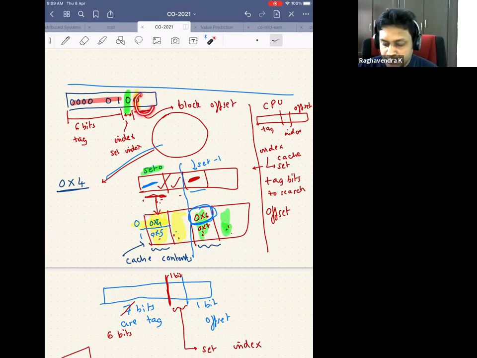Then I calculate the number of bits in the index. Since there are 2 sets, I have to differentiate between set 0 and set 1, which means I need 1 bit for the index. So 1 bit for the index, 1 bit for the offset. It is 8 minus 2, that is 6 bits. The remaining bits are referred to as the tag.